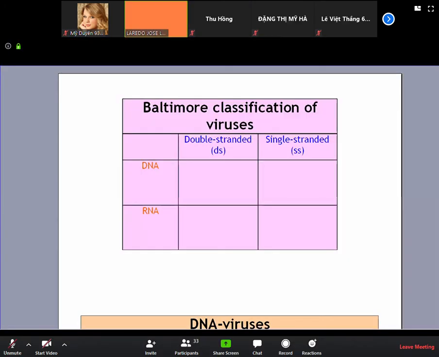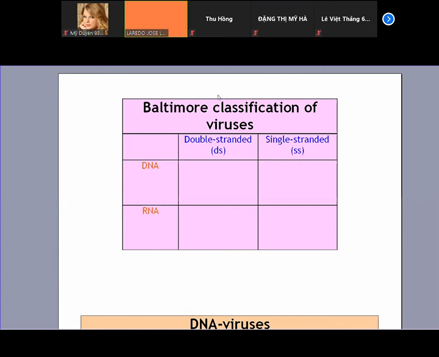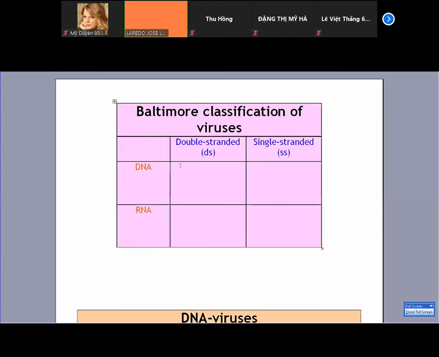Look, so this is the Baltimore classification of viruses. We are going to classify viruses into 7 types, depending on 2 or 3 features: the nucleic acid, DNA or RNA, and whether it is double-stranded or single-stranded. So look, DNA viruses, double-stranded, are called type 1.